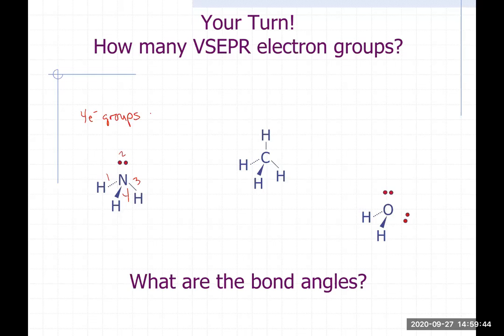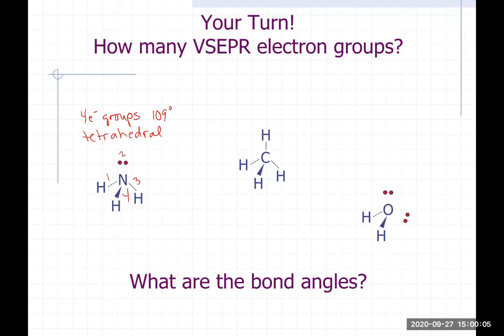4 electron groups is 109-degree bond angle. The electron geometry is tetrahedral. Again, electron geometry is tetrahedral. We have to be careful because we're looking at electron geometry and then we're going to look at molecular geometry.